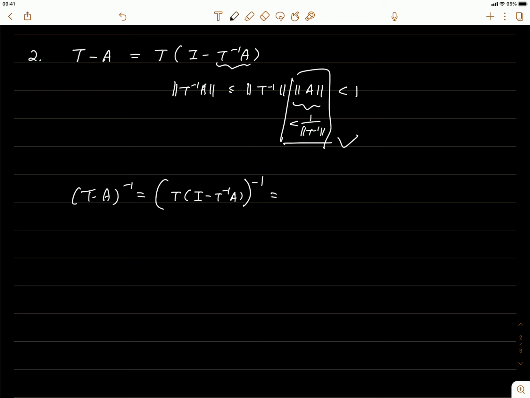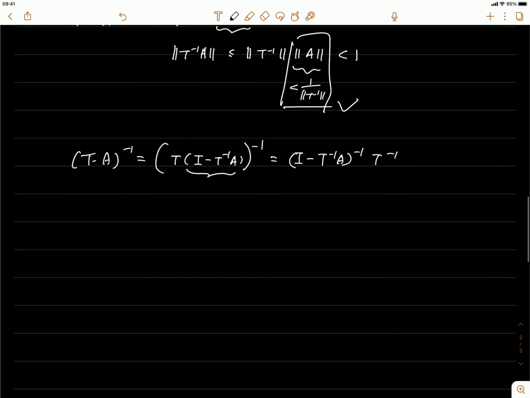So I know that if A satisfies the condition, then this must be invertible. Remember that this one can be written as the Neumann sum, from 0 to infinity of T inverse A, which is like the B above, to the power k, and then T inverse. So that's actually the inverse of that in the general case.